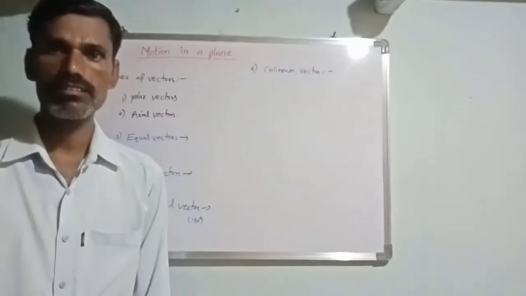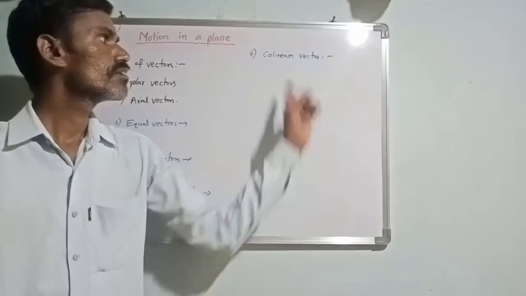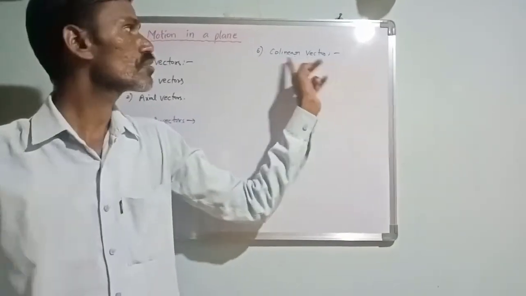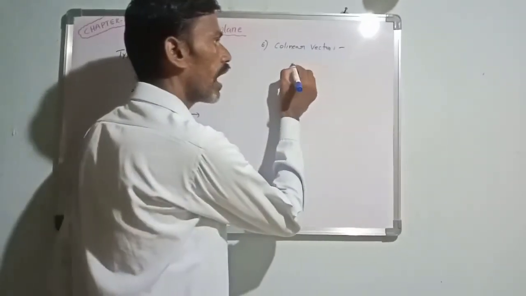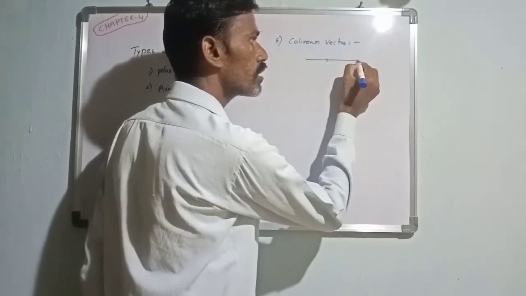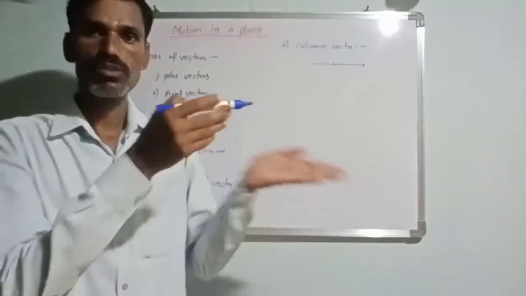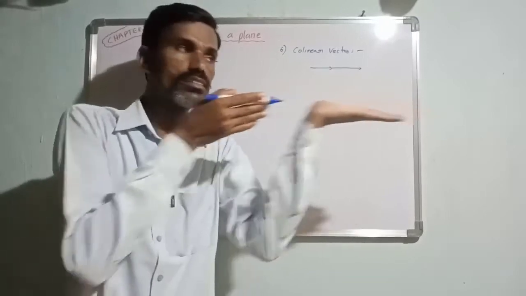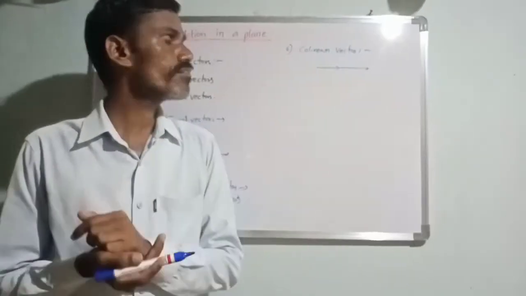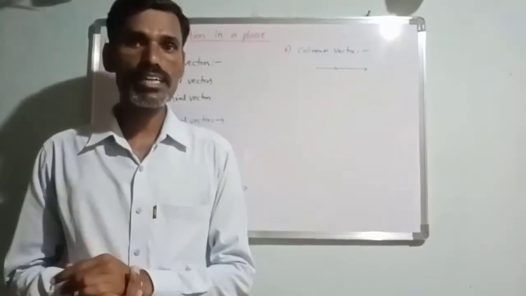Collinear vectors. If two vectors act along the same line, then the vectors are said to be collinear vectors.